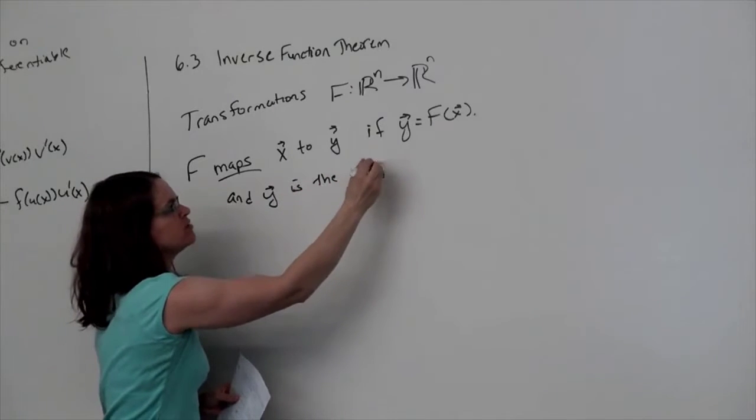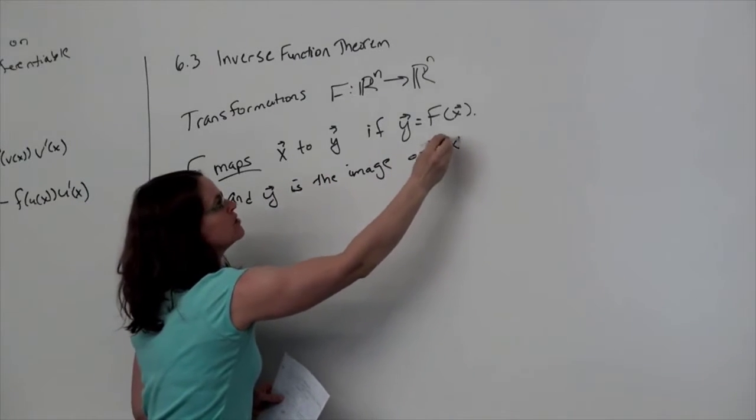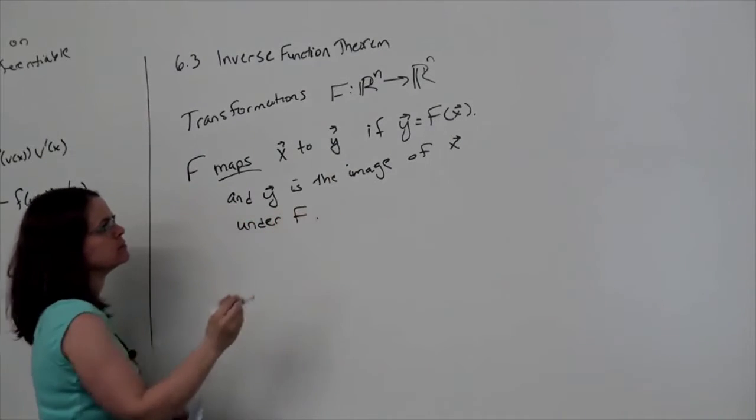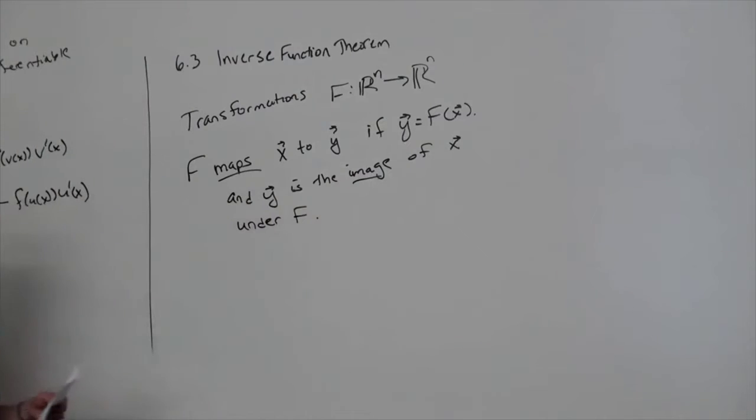So it's the image of x under this transformation f. So we can talk about the image of a point, but we can also talk about the image of a whole collection of points, a whole set.